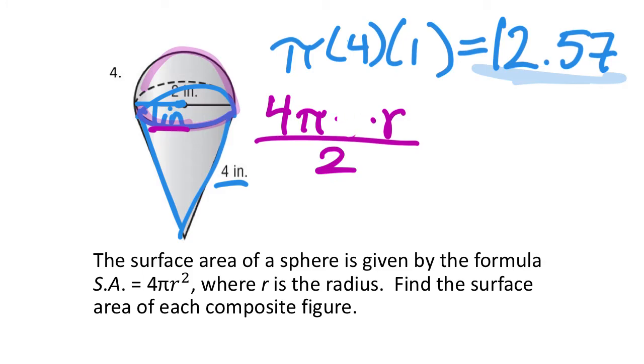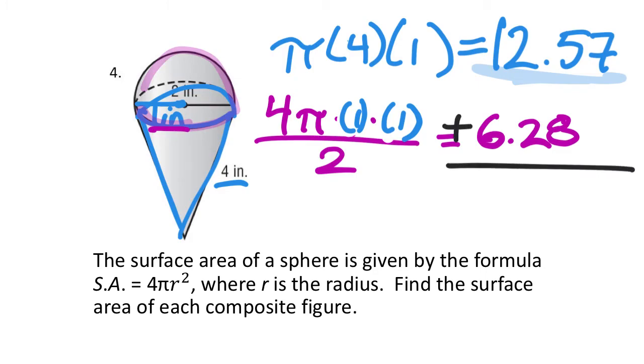The radius we know is 1 inch, so times 1 times 1. So 4 times pi times 1 divided by 2. I don't want 2 pi, but changing that into a decimal, I get 6.283, so I'll just make it 6.28.